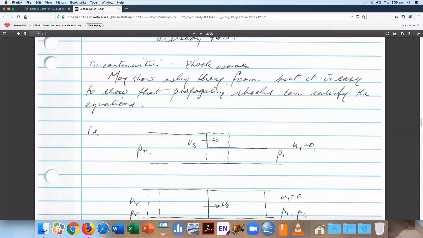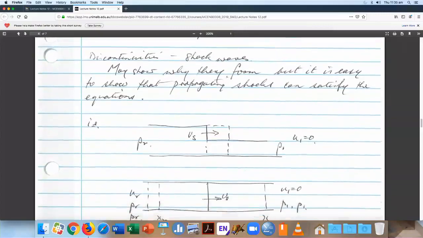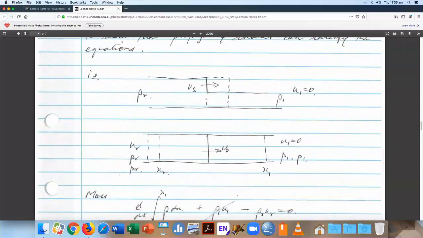I've got some tube here. So here's my tube, and I've got downstream a fluid at rest. I've just arbitrarily made a downstream boundary at x1 of my control volume, and here's my upstream boundary at x2 of the control volume.